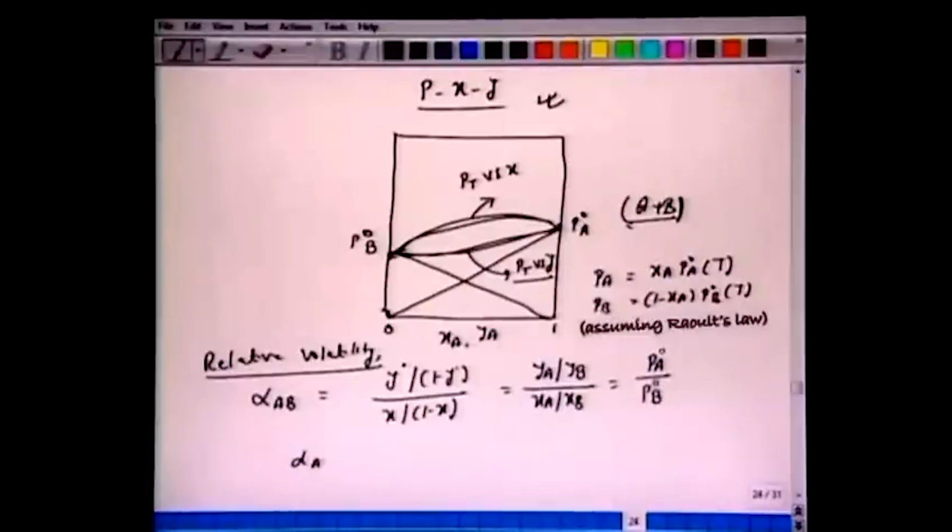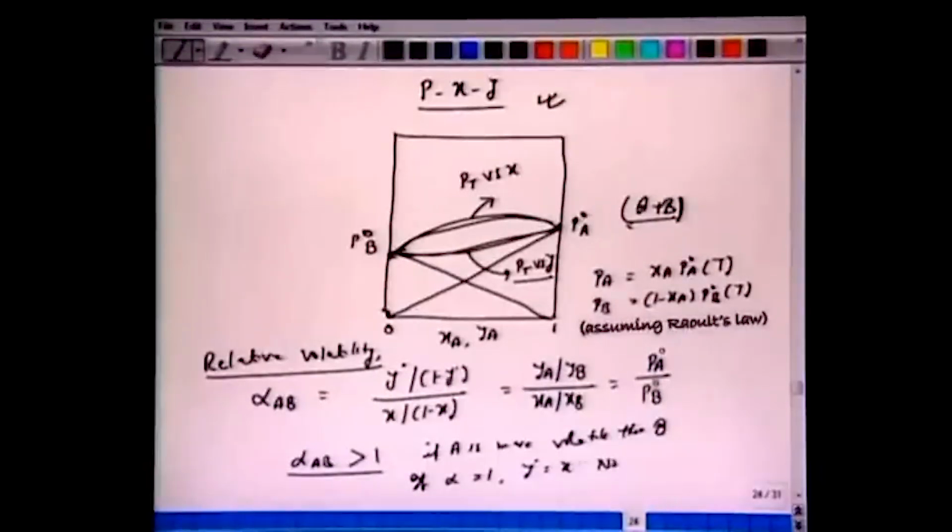So volatility must be larger than 1, in fact much larger than 1, if A is more volatile than B. Okay, and one can also show that if alpha equals 1, that means Y star equals X, and there is no separation. No separation is possible.